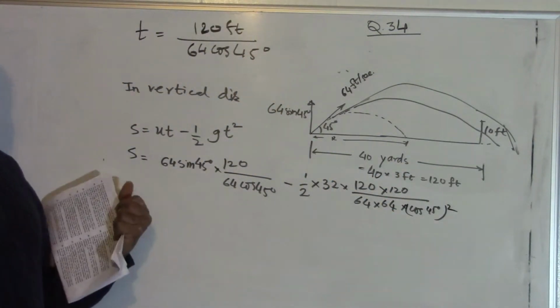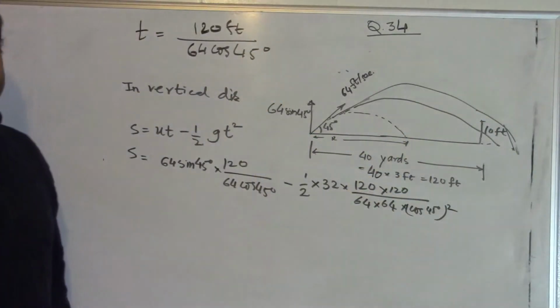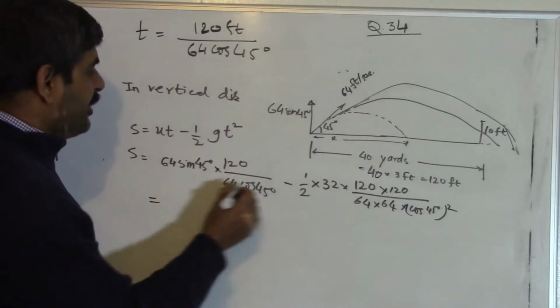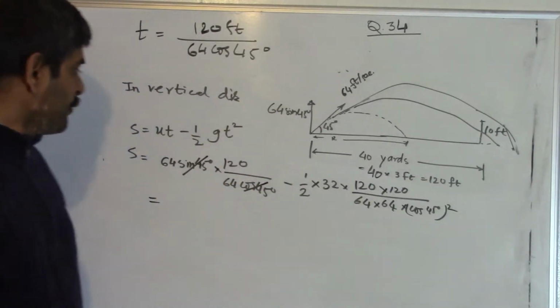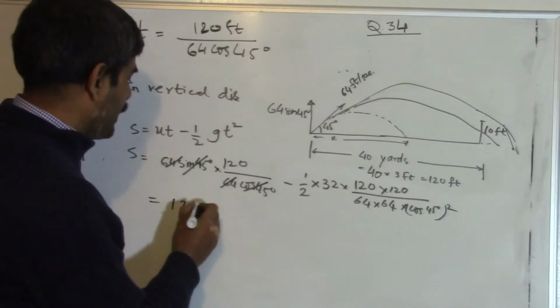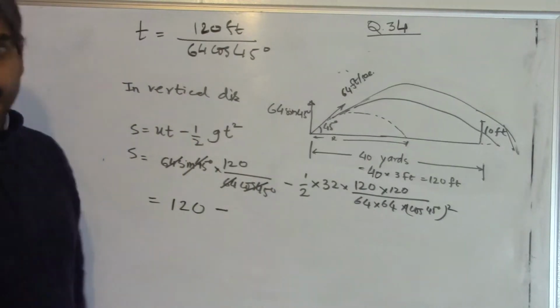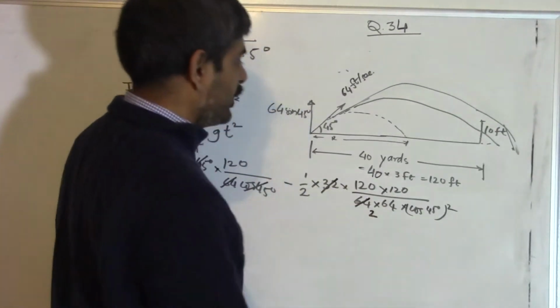Let us see what the value of the height is. Sine 45 degree and cos 45 degree are both the same. 64 cancels. This is 120. Very simple. 32 multiplied by 64 is 2 here.